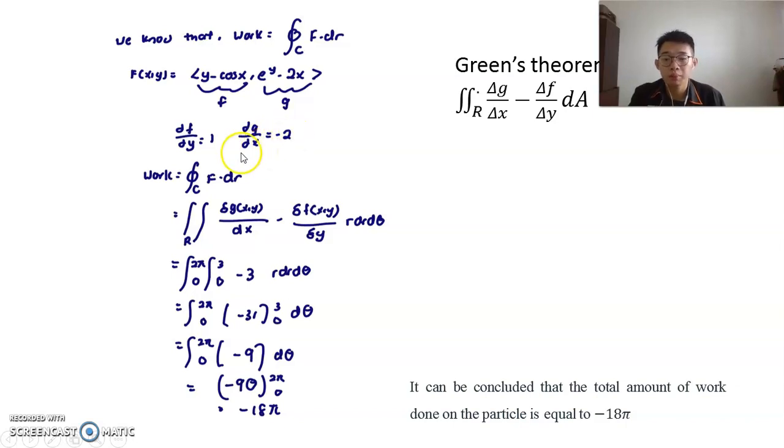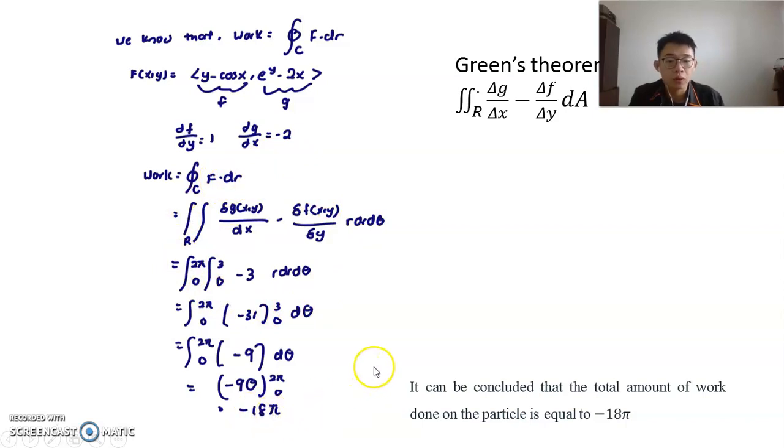Just plug both of these values into the general equation of Green's theorem and solve it like normal integration. Please take note that since this question involves a circle, we are going to use polar coordinates r dr d theta, and just solve the integration like normal. We are going to get the work done equal to negative 18 pi.